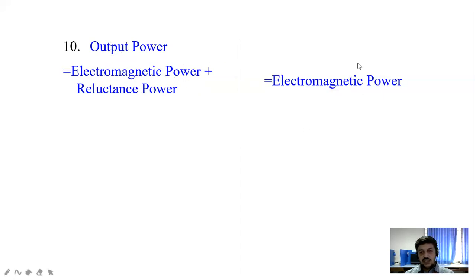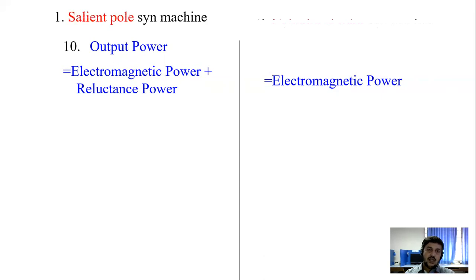Whereas in a cylindrical rotor machine, the output power is only electromagnetic power, which is given by EF VT upon XS into sine delta. So only the electromagnetic power component is present in a cylindrical rotor synchronous machine.